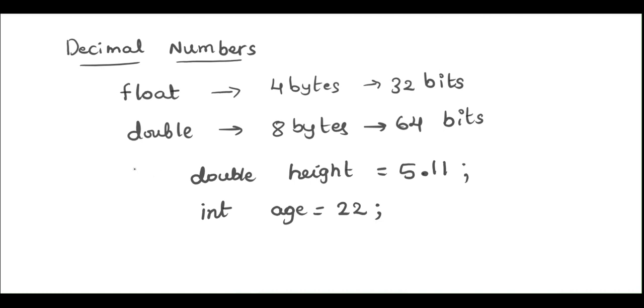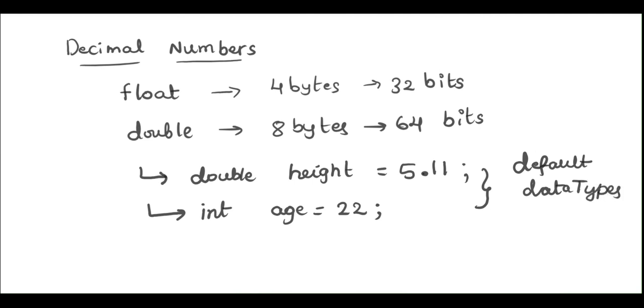So in decimal data types, double is the default data type. And in non-decimal, integer is the default data type. These two are the default data types. If I declare a non-decimal number, the compiler will consider it an integer. If it is a decimal number, the compiler will consider it a double.